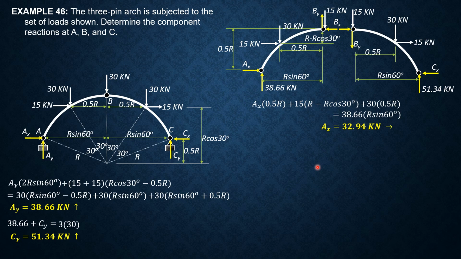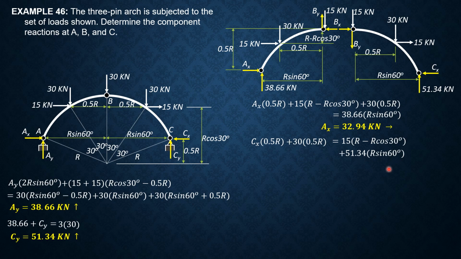So that's why we have 15 and 15 here. Then considering BC, summation moment about B equals 0. So we have Cx, clockwise positive. So Cx times 0.5 R plus 30 times 0.5 R, then equals 15 times quantity R minus R cosine 30 plus 51.34 times R sine 30.